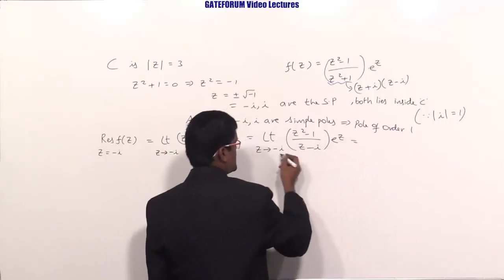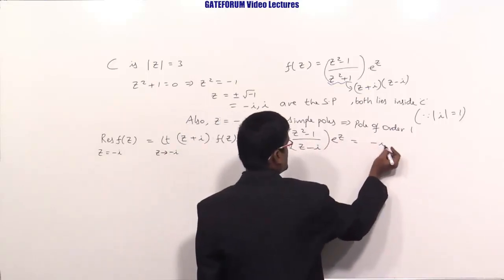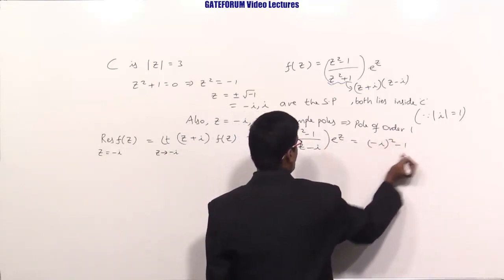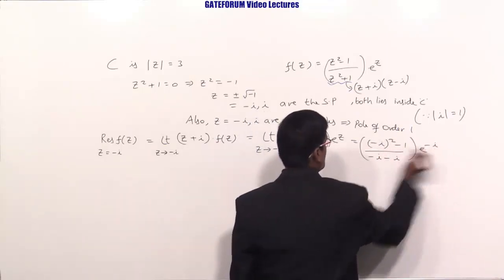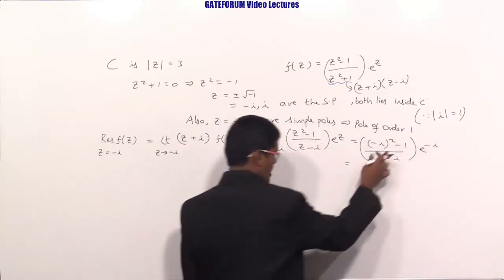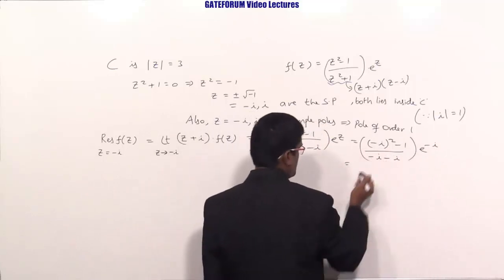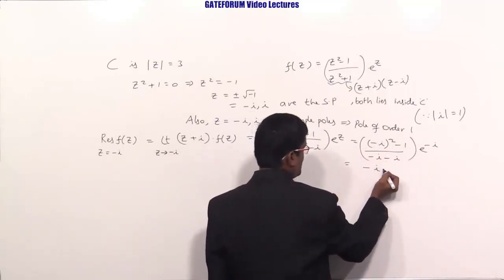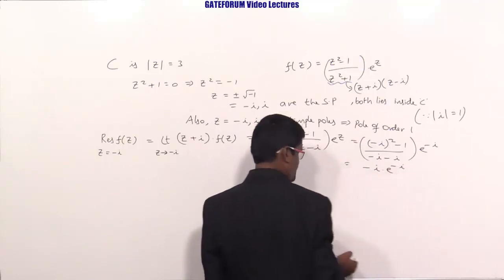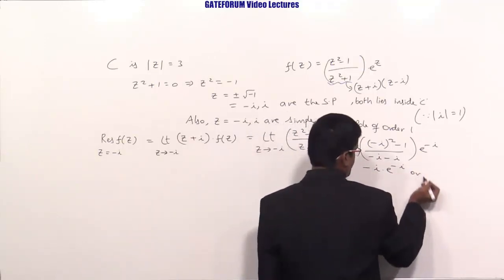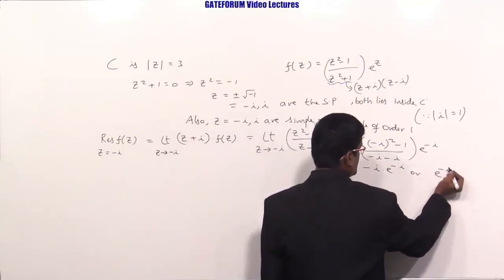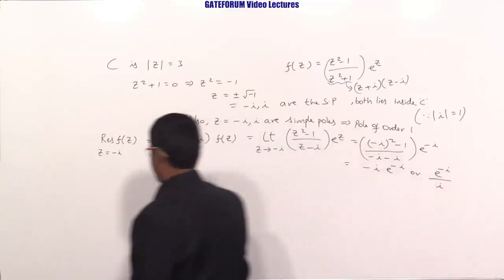In all the remaining terms put z tends to minus i. So (minus i) whole square minus 1 divided by minus i into e to the power minus i. Square value is minus 1, so minus 2 by minus 2i, that is 1 by i, which simplifies to minus i into e to the power minus i. Or e to the power minus i by i, whatever you want.